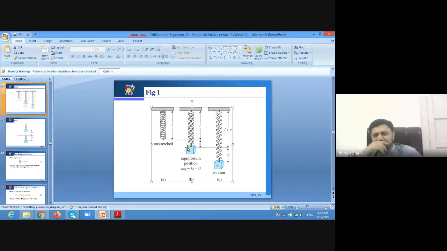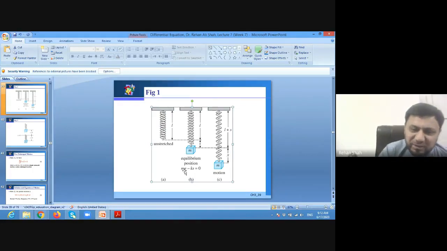So this must be zero. mg is in the downward direction, but ks is in the upward direction. ks is trying to take this body upward, and mg is trying to take it downward. If it is at the mean position, it means that these two forces balance each other. So mg minus ks is zero when it is at the equilibrium position. Okay?